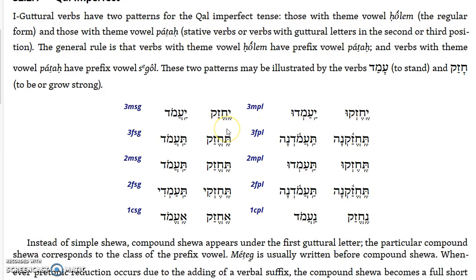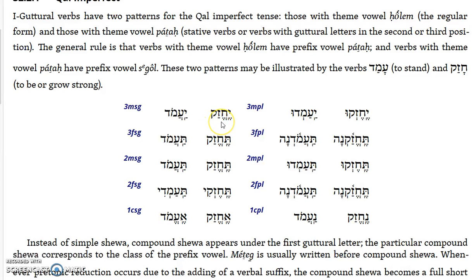Now, with the het, it works slightly differently. Here you have the verb chazak, which has to do with being strong. It's a stative verb.